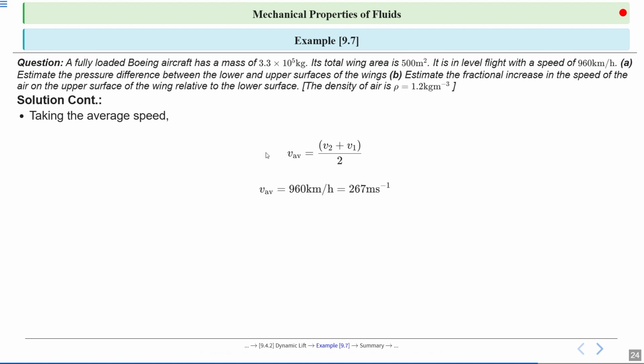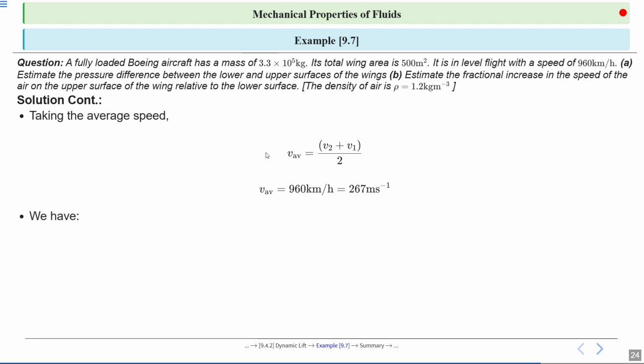So V average is equal to 960 km per hour. Here we need to convert kilometers per hour to meters per second. So it will be 267 meters per second. Remember, to convert from kilometers per hour to meters per second, it's very important.